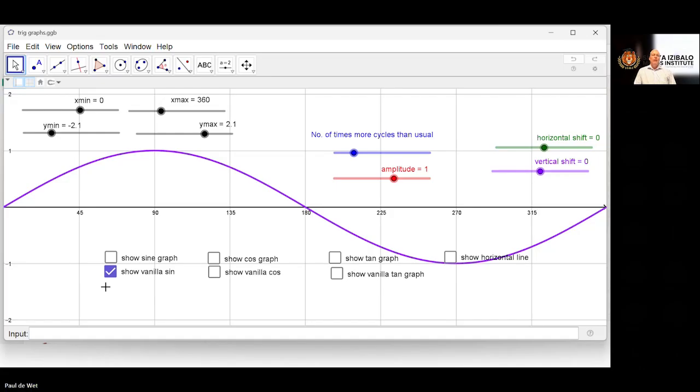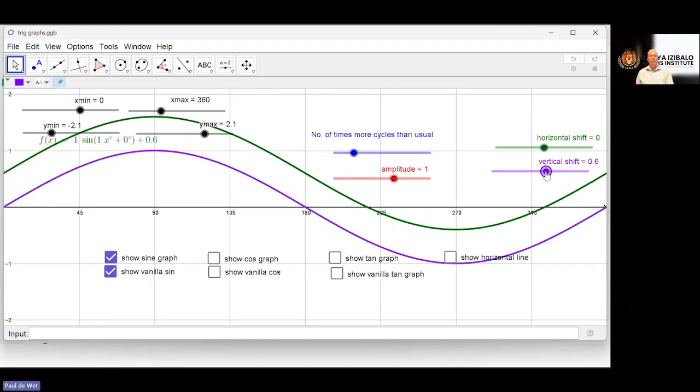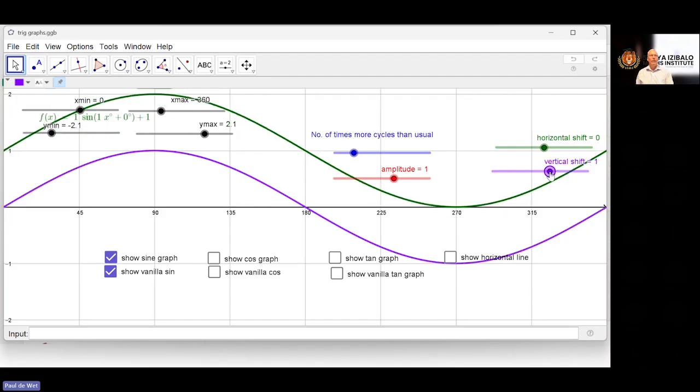Now, what will happen if I add a number at the back here? If I draw sine of x plus 1, what will happen to the graph? It will shift up by 1. Have a look at this. The graph shifts up by 1. There is sine of x plus 1.